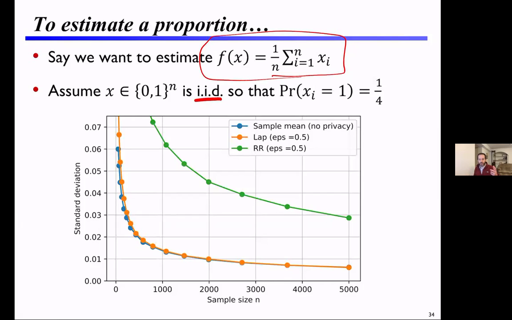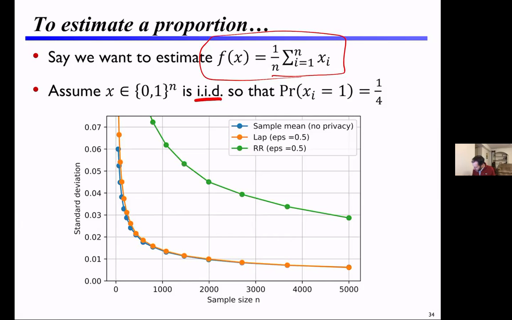It comes up heads with probability 1/4 and tails with probability 3/4. I'm interested in estimating the fraction of people in the underlying population whose bit is 1.